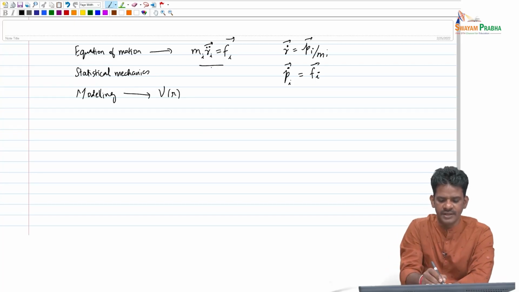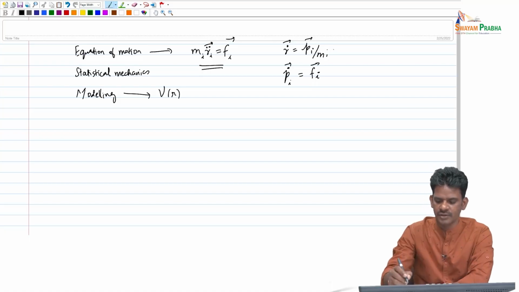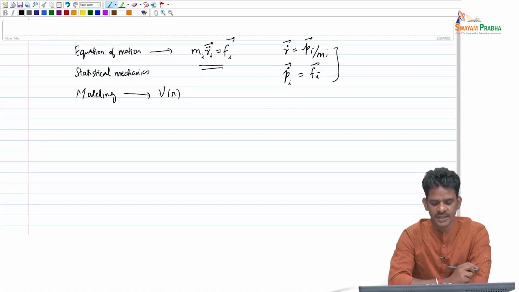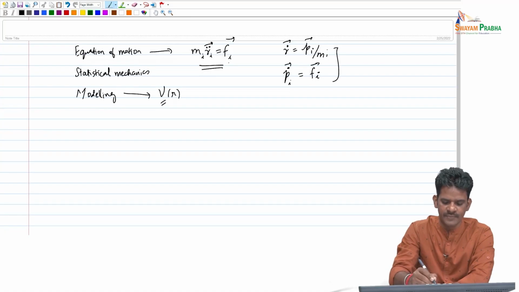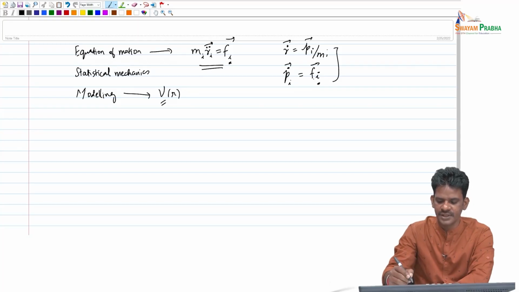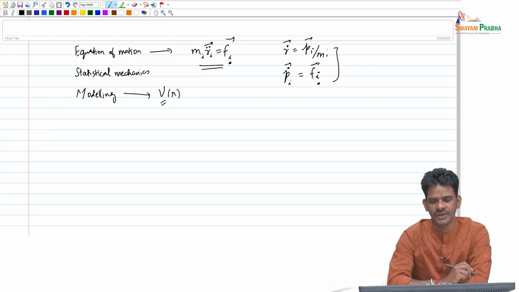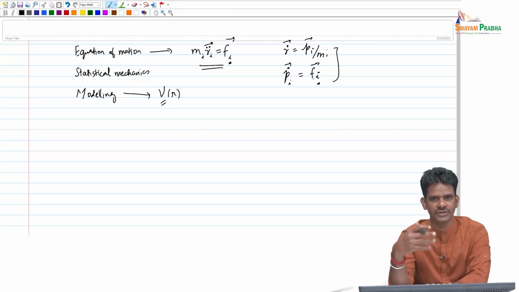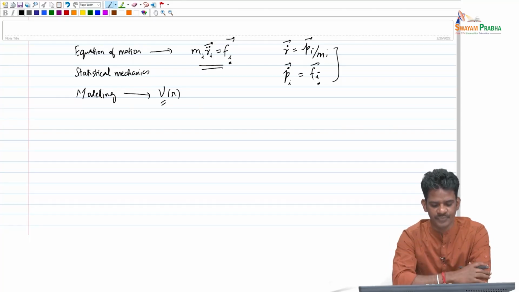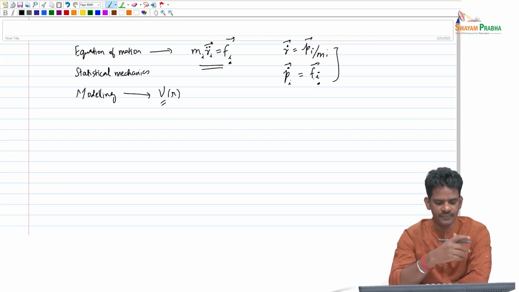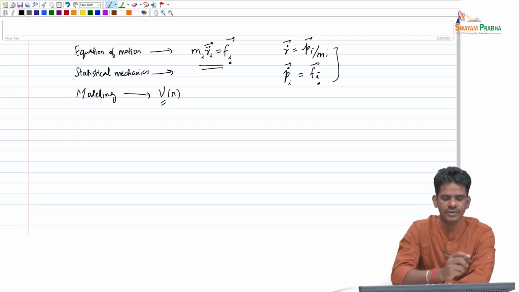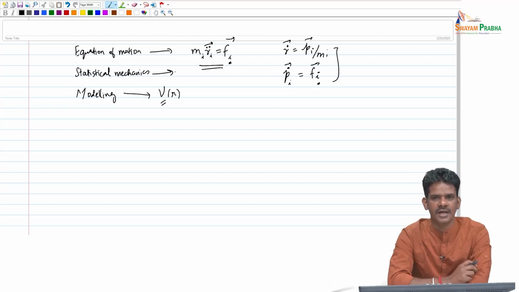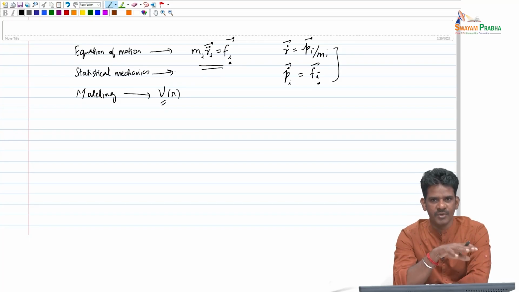So, either we can write in terms of a second order ODE or two sets of first order ODEs, where this potential goes as an input in calculating the forces. Then if we are able to solve these equations, then we are able to generate trajectories of the system. And once we have this trajectory of the system, then we can use statistical mechanics to measure thermodynamic or transport properties. So, that is the context we have been talking about in different sections.